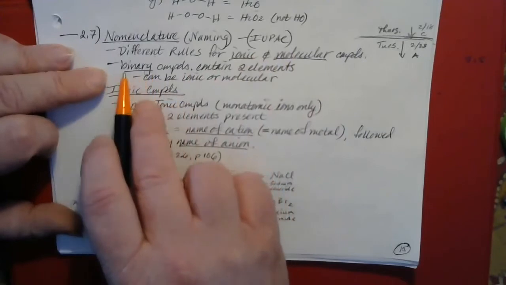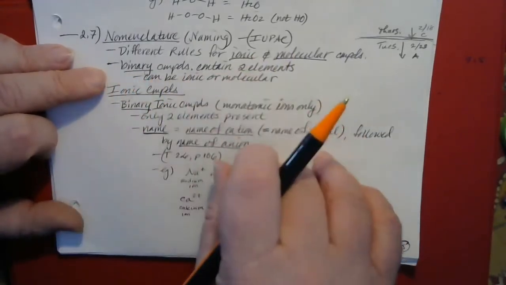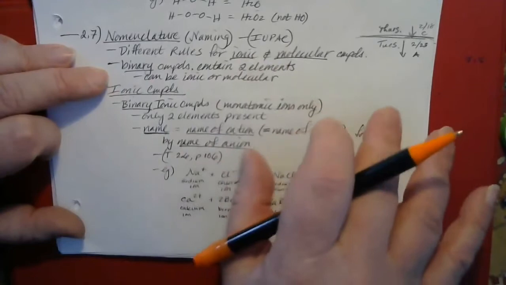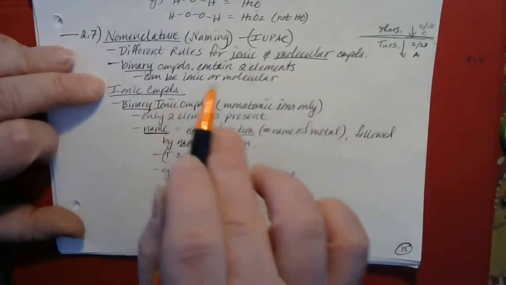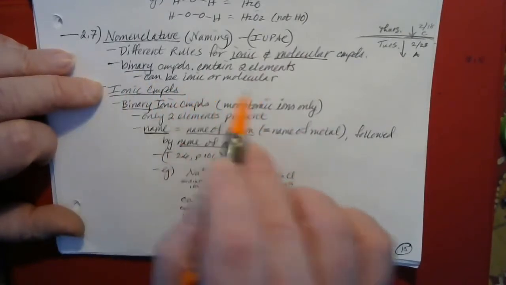With binary compounds, those would be the simplest example. Binary compounds are compounds that just contain two elements, binary as in two. Binary compounds can be ionic or molecular.